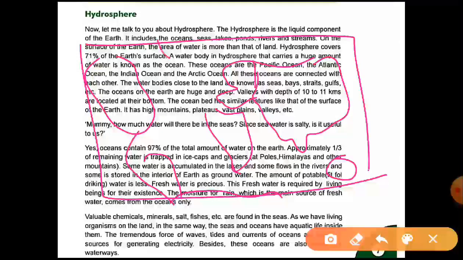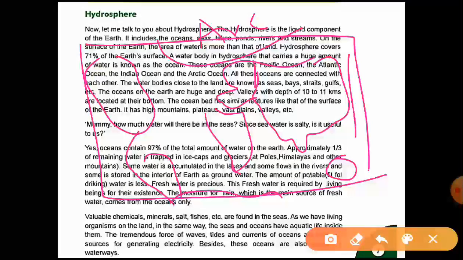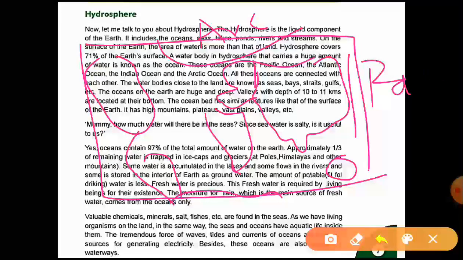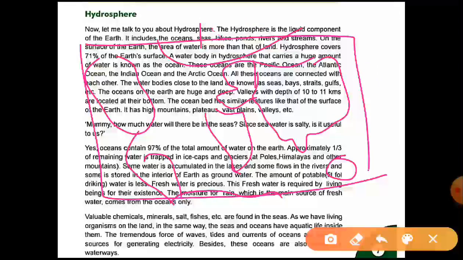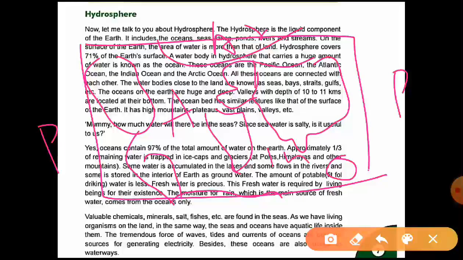So the Arctic Ocean, which is here. Then if we come to this side, here is the Pacific Ocean, and on this side also the Pacific Ocean. The Atlantic Ocean is here, and after India, here is the Indian Ocean.